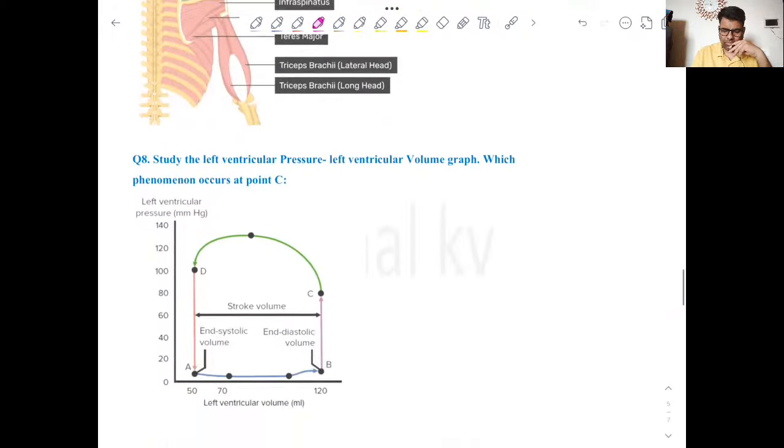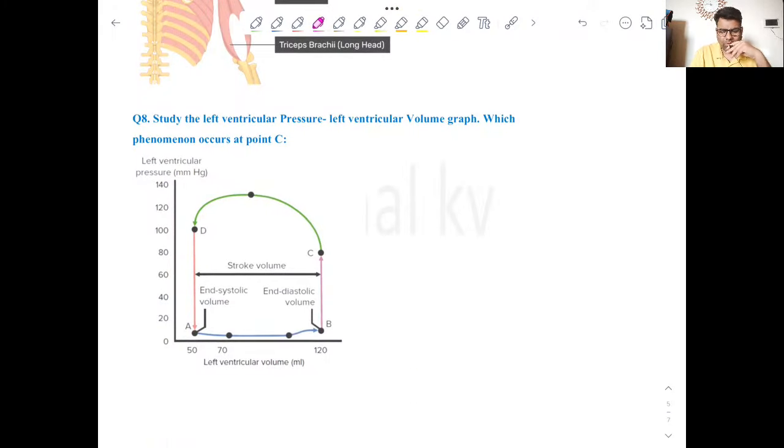Okay, chalo. Now this is one more very beautiful question, although from a very basic fact, but presentation might look difficult to student. So there is left ventricular pressure volume graph. So it is related to pressure and the volume of left ventricle.